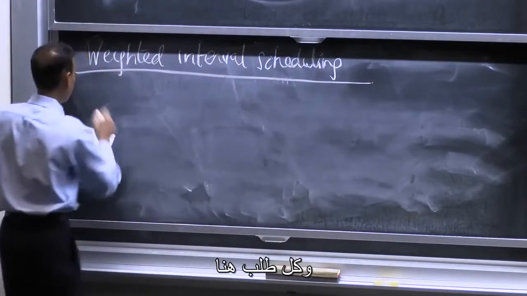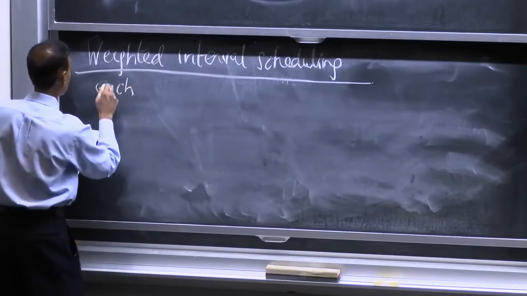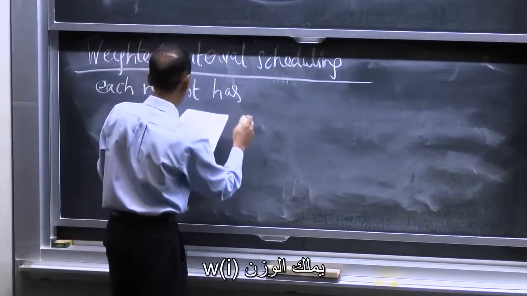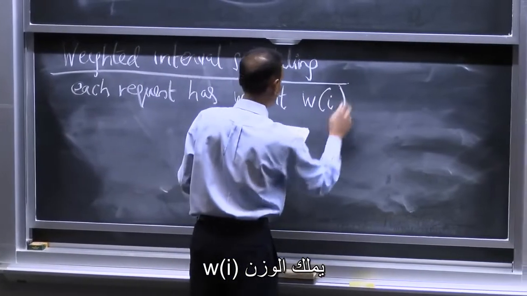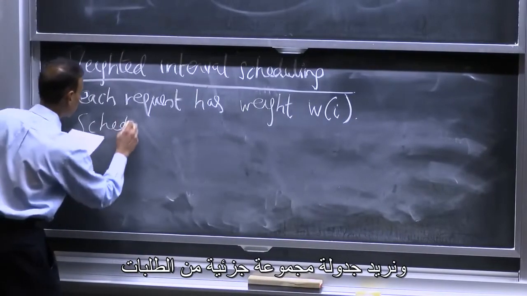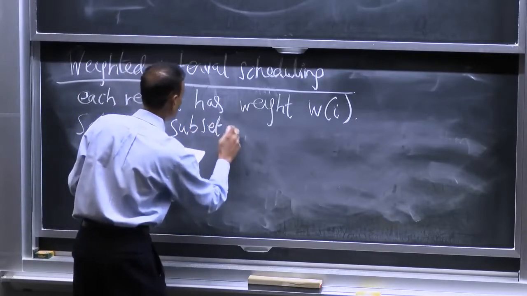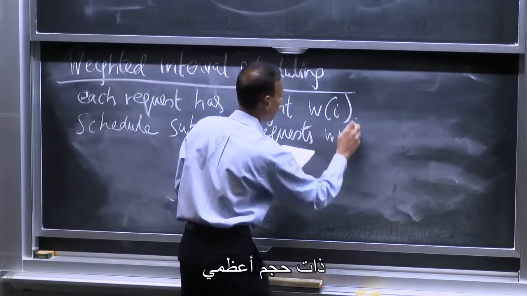And what happens here is each request has weight wi, and what we want to do is schedule a subset of requests with maximum weight.